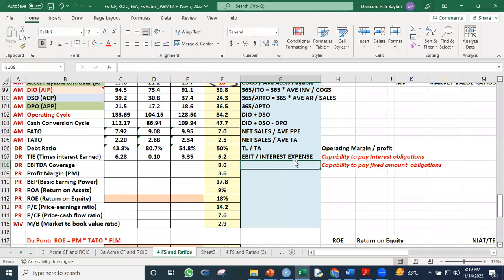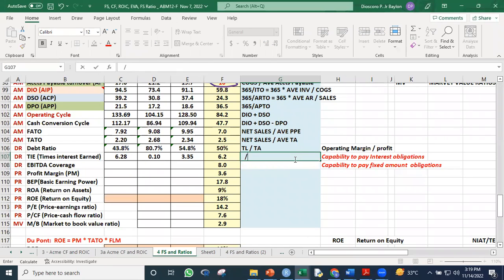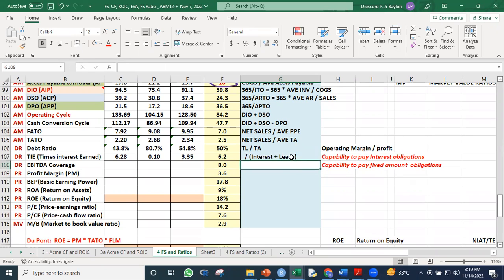So ang magiging ano natin dito, ang denominator is yung interest plus yung lease. Okay. Yun ang denominator. Kasi capability to pay interest and other fixed cost eh. And the other fixed cost is your lease. So what will be our numerator?